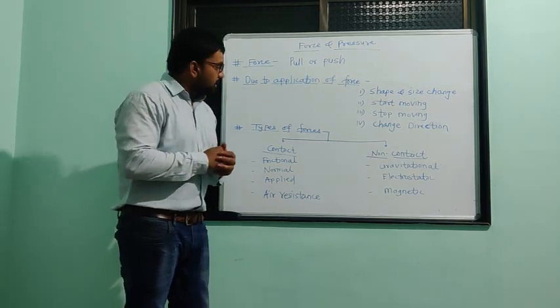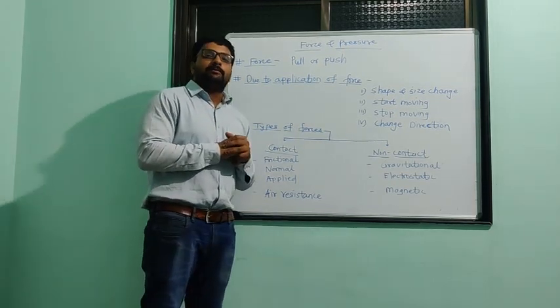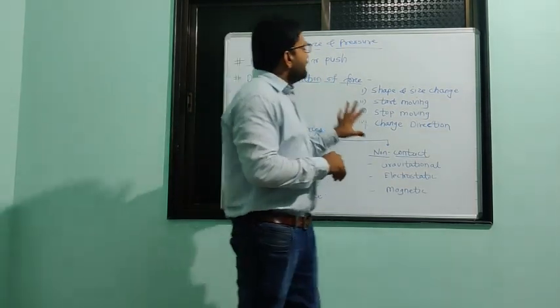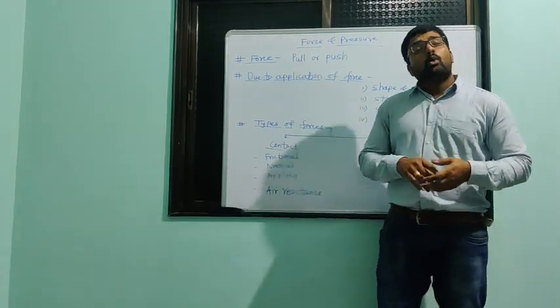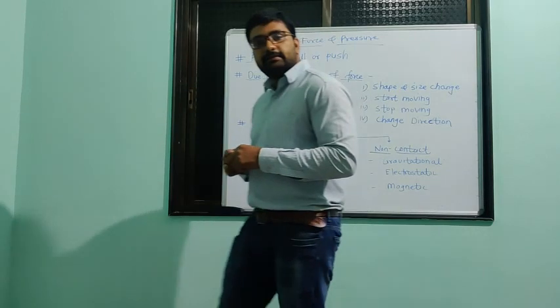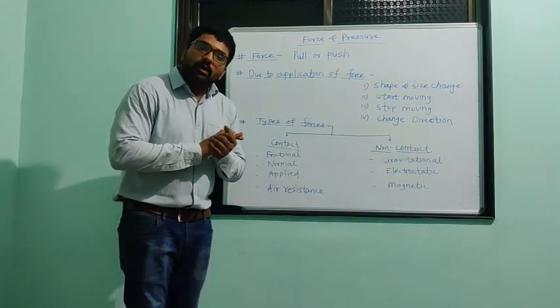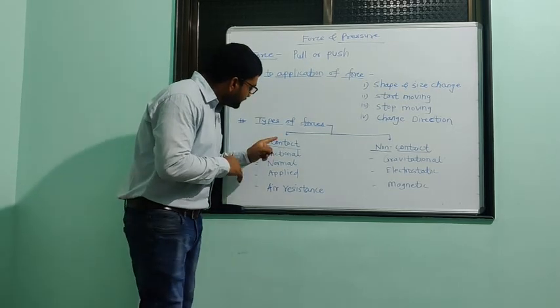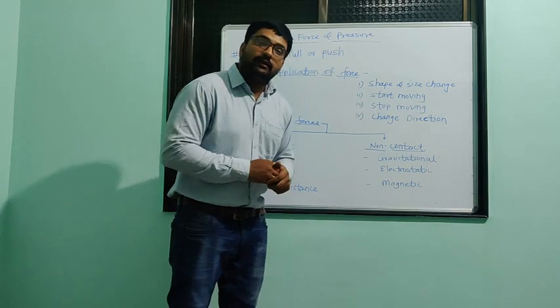Now the next topic we have to see is the types of forces. So this is force and these are the effects of forces. Now, what are the different types of forces? There are two main types of forces. First is contact force and second is non-contact force.